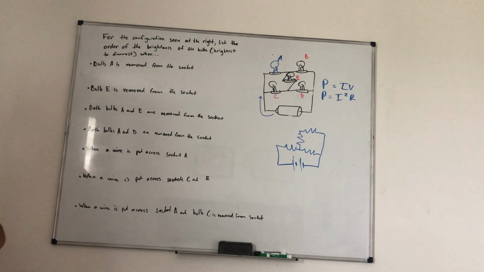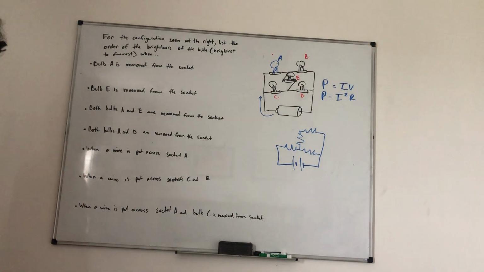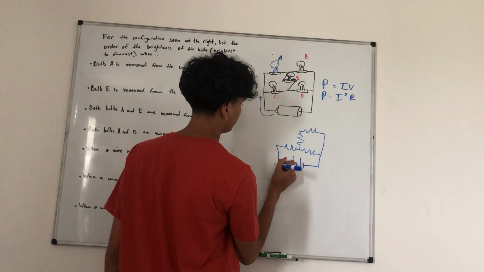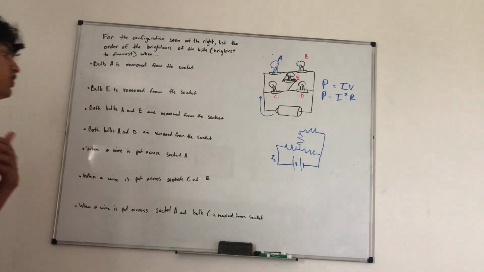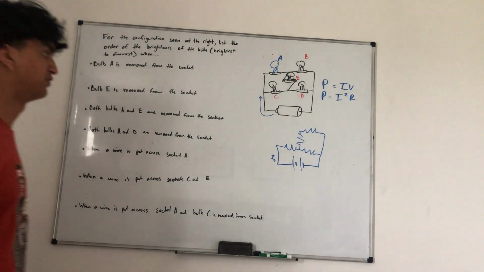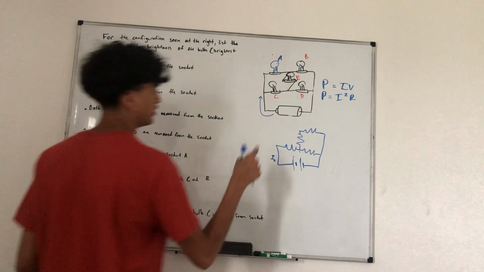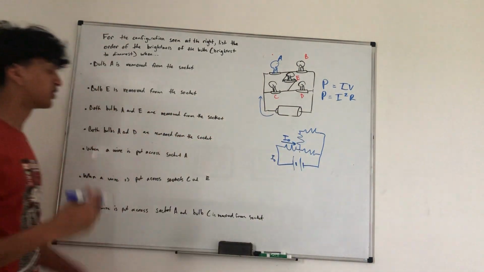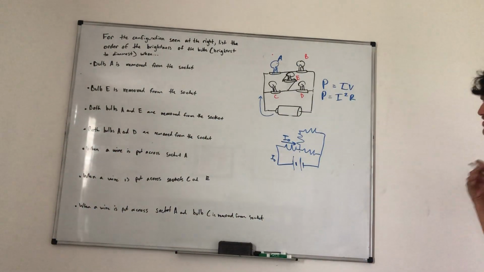Now let's take a look at what's going to be the brightest. We know all the initial current, we'll say I initial, is going to go through C. That's where all of the initial current is going to go through. And then right here we have a junction, so the current's going to split up after going through C. So I already know that C is going to have the most.